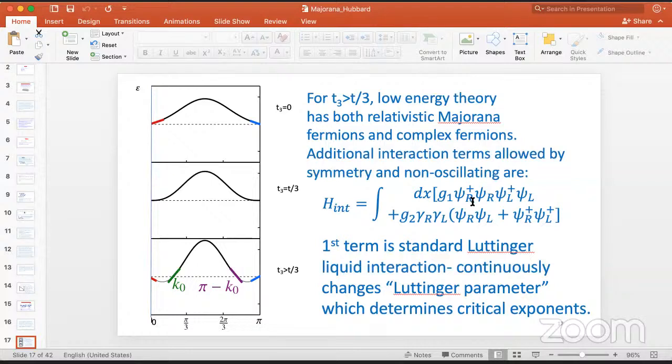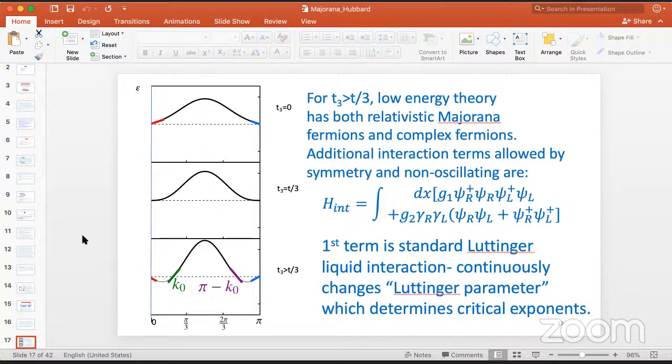So we can write a corresponding field theory, interaction terms. And we have both the standard Luttinger liquid interaction term, psi right dagger, psi right, psi left dagger, psi left. And we also have a term that couples the Majorana fermions to the complex fermions.